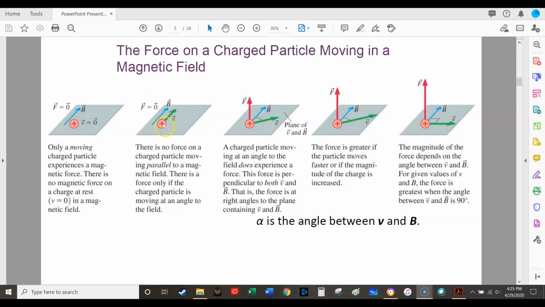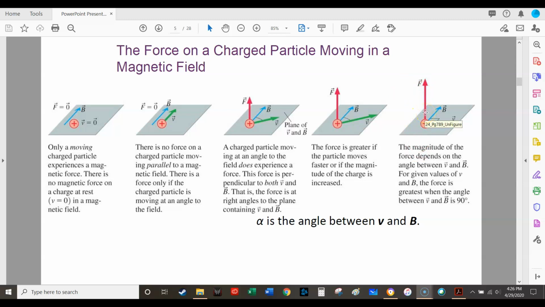But what you find is if you have a magnetic field pointed up the screen, and you have a positive charge moving to the right, that is going to create an orthogonal force, which is perpendicular to both of those. So when the charge's motion is perpendicular to the magnetic field, a third dimension force is created due to the interaction of those two.